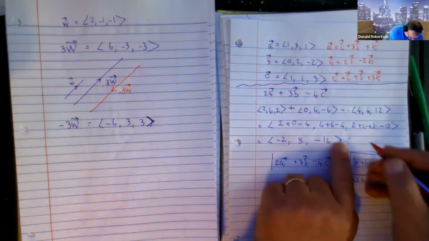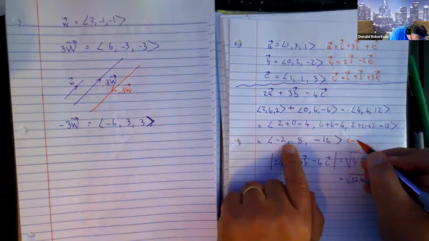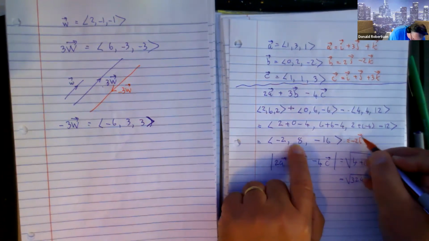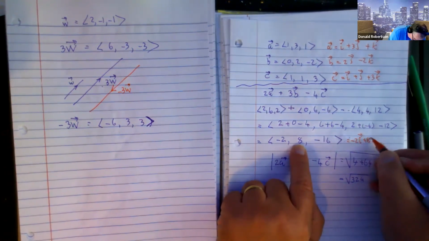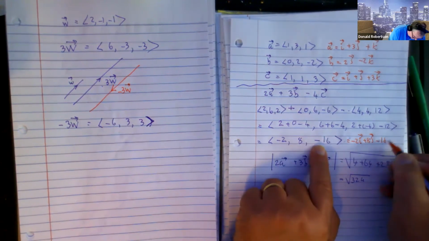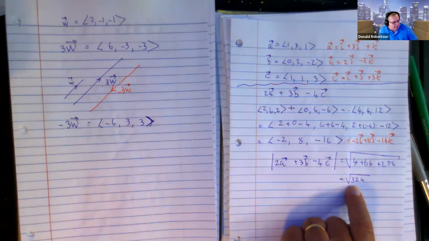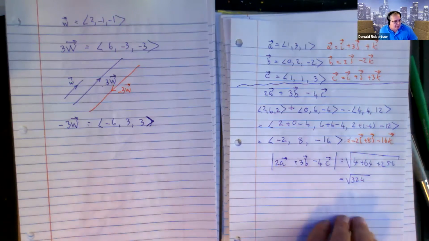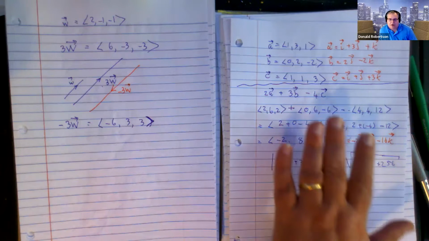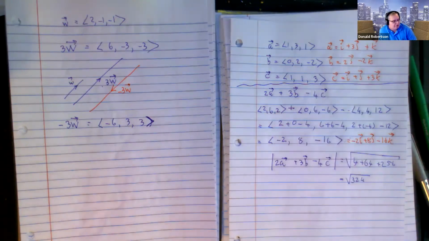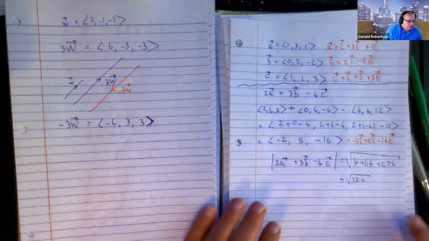So for instance, this is the answer we got. Won't that be negative 2i plus 8j, take away 16k? And since the magnitude is a number, it doesn't care if it came from an ijk or anything else. Isn't the answer still the square root of 324? And so I don't care. So me personally, that's how I kind of get around the ijk notation, because I just don't like it.